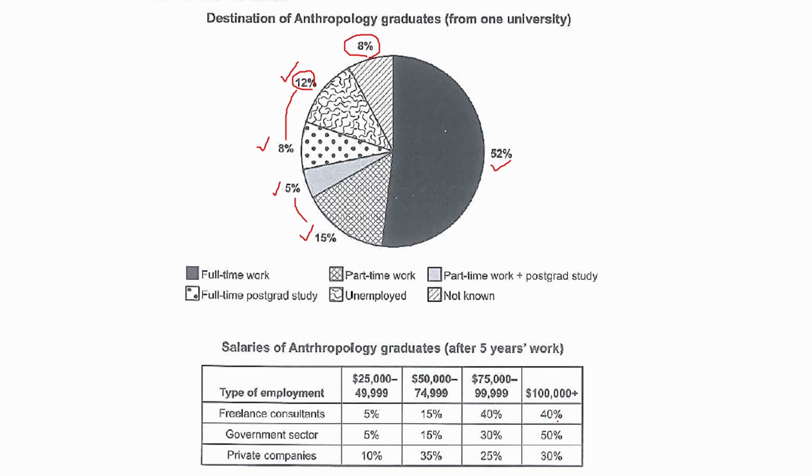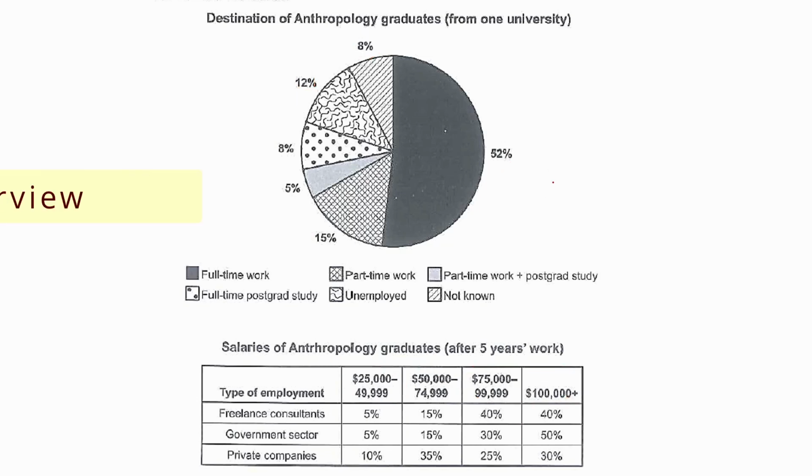About the salaries, again, I will start with the highest percentages, 75,000 to 100,000. So I will mention these two parts first. I will make comparisons. Then I will mention the smallest percentages, 25,000 to 49,000. And finally, I will mention 50,000 to 74,000. And I will make comparisons as well.